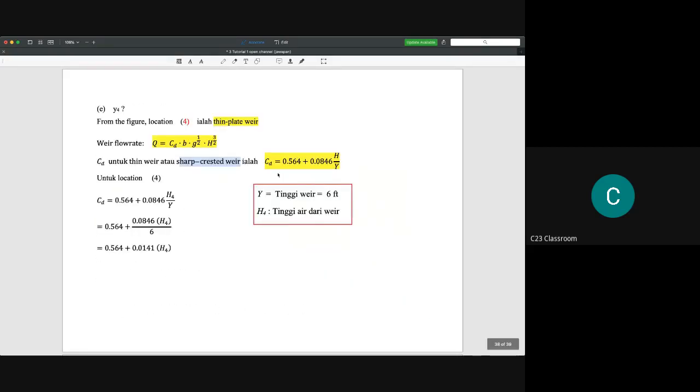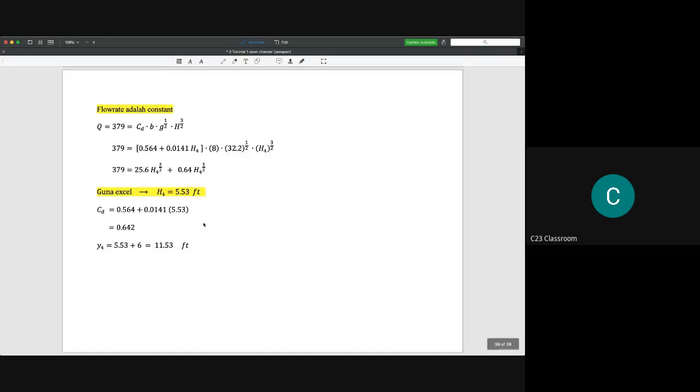This CD is actually given in the notes. Then we substitute the values. We know that the height is 6 feet and H is the water height above the weir. So this is the CD, and we use this CD in the next equation. We know that the flow rate is constant.